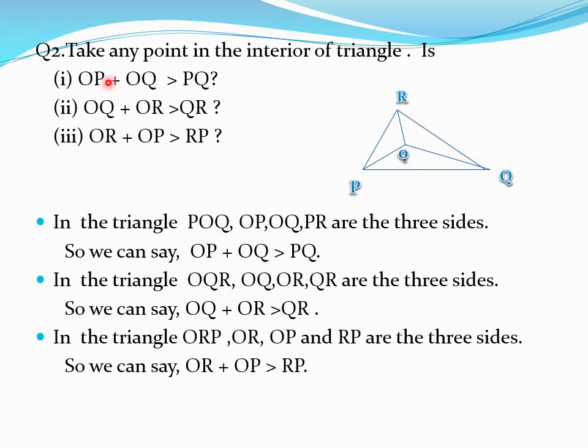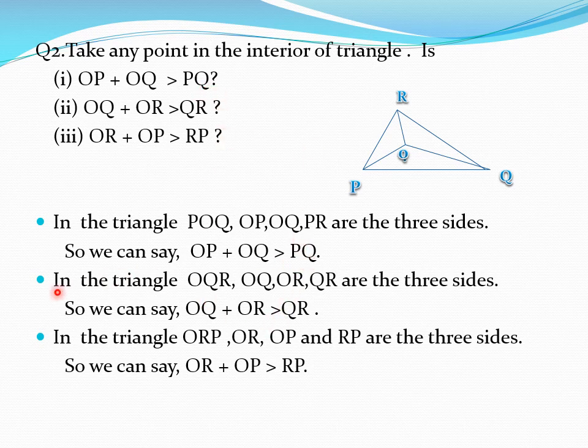So OP and OQ as given in the question on the left side, we take these two sides first, and the sum of these two sides should be greater than the third side of the triangle. Third side is PQ. So as per the rule we can write OP plus OQ is greater than PQ. So that is asked in the question. So the answer is yes.